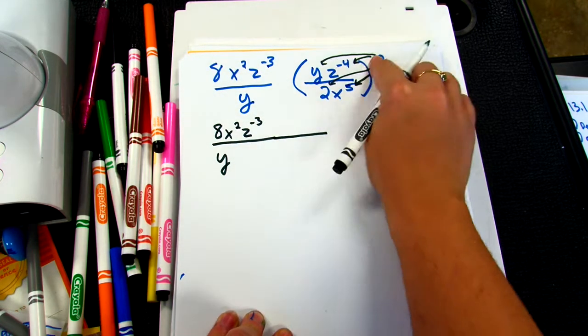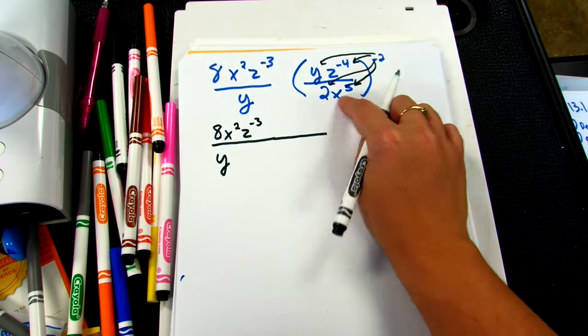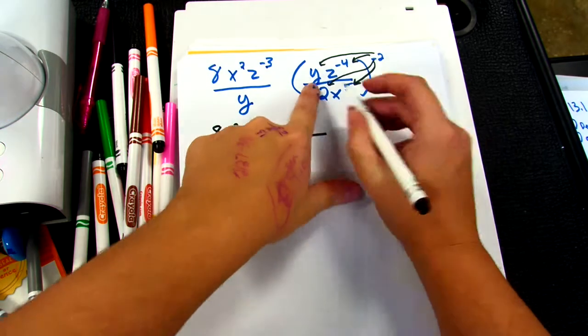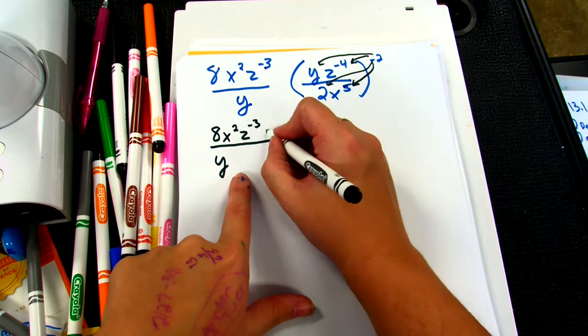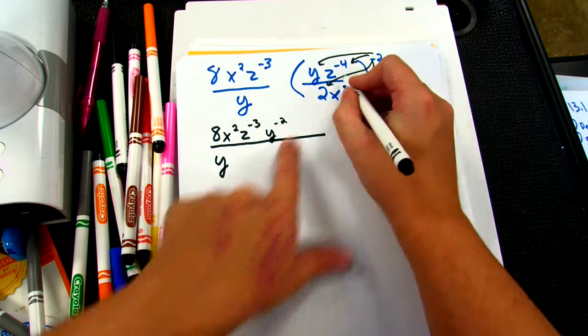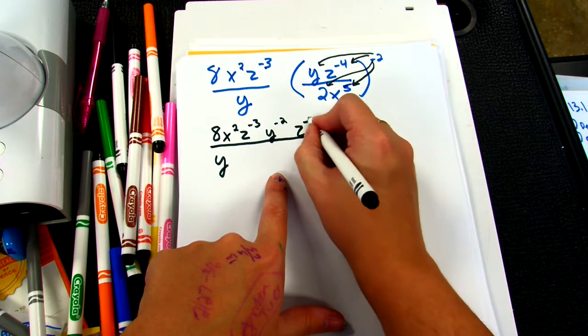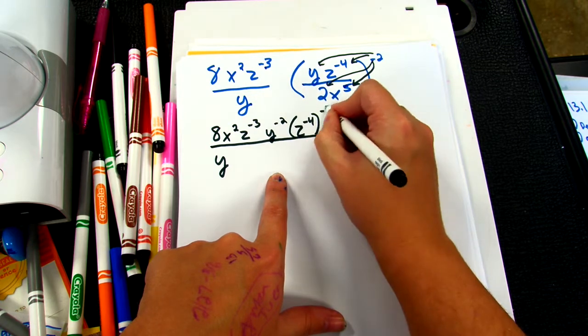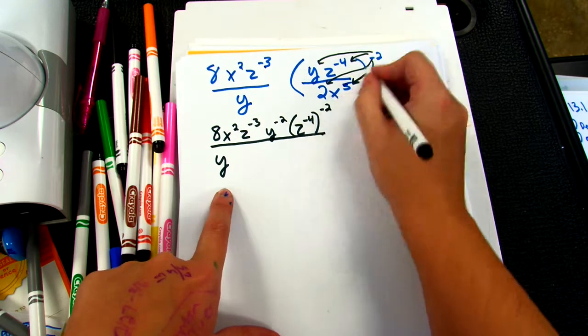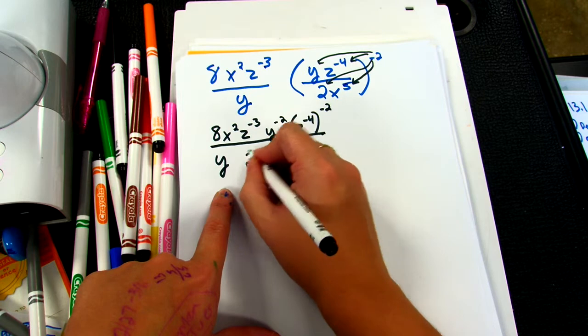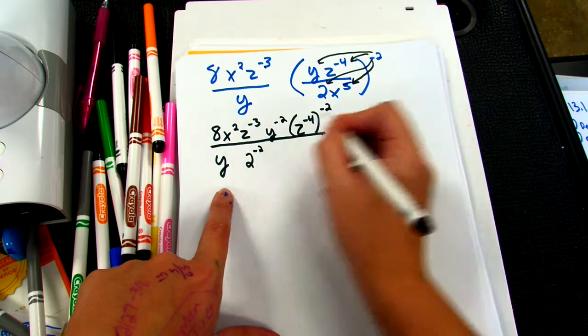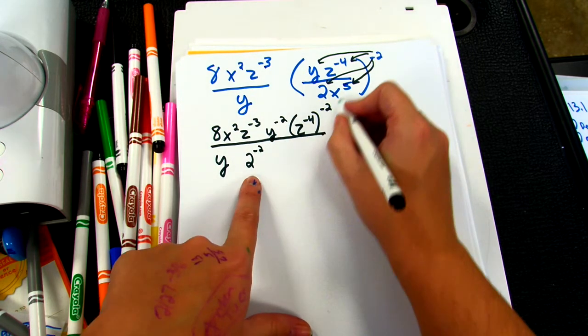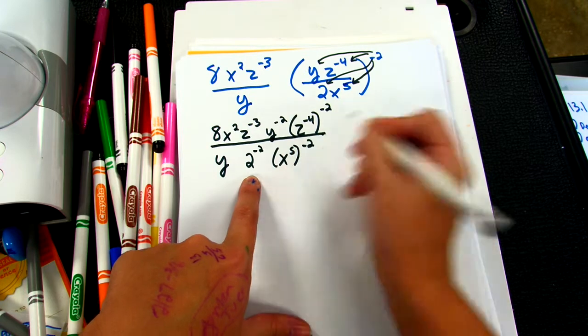So everything in the numerator here will be in the numerator. Everything in the denominator here will be my denominator. Okay? So now I've got y to the negative 2nd power. I've got z to the negative 4th to the negative 2nd power. And in my denominator, I have 2 to the negative 2nd power. And I have x to the 5th to the negative second power.